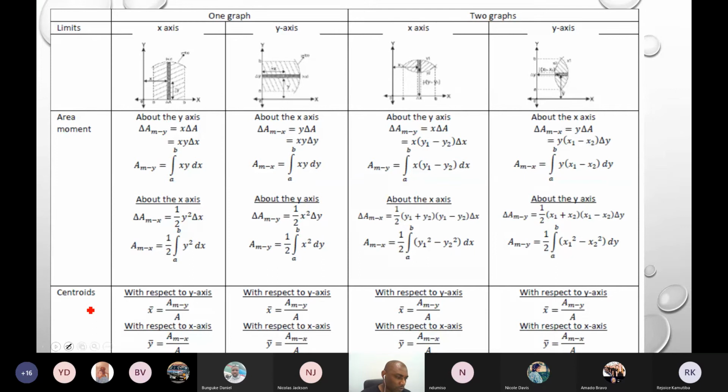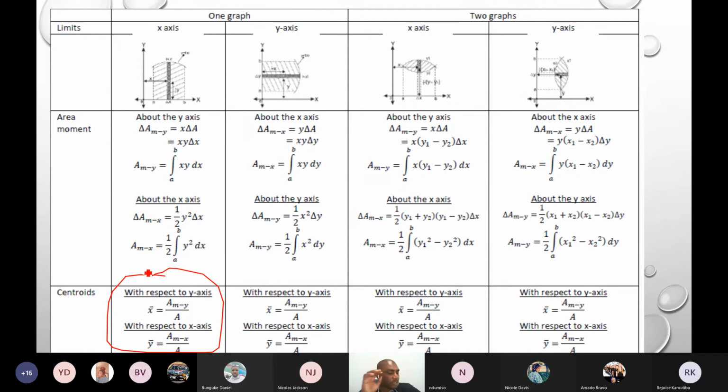And like you can see at the bottom there, centroids. If you're looking for centroid with respect to x, x bar is a moment about y over A. So if I showed you the first formula, looking for centroids, it's area moment divided by area. So it shows you at the bottom there. Let's say your limits are in the x-axis.